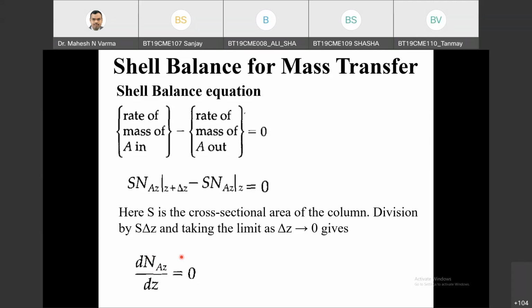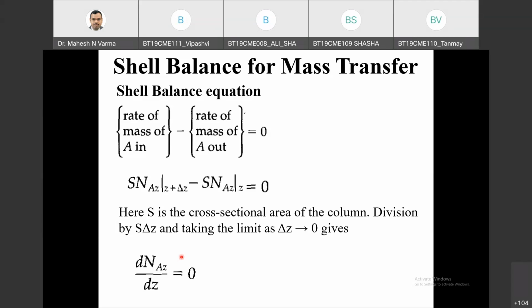Roll number 111, Vipasvi. How to get NAZ? Sir, we can use the equation of combined flux.